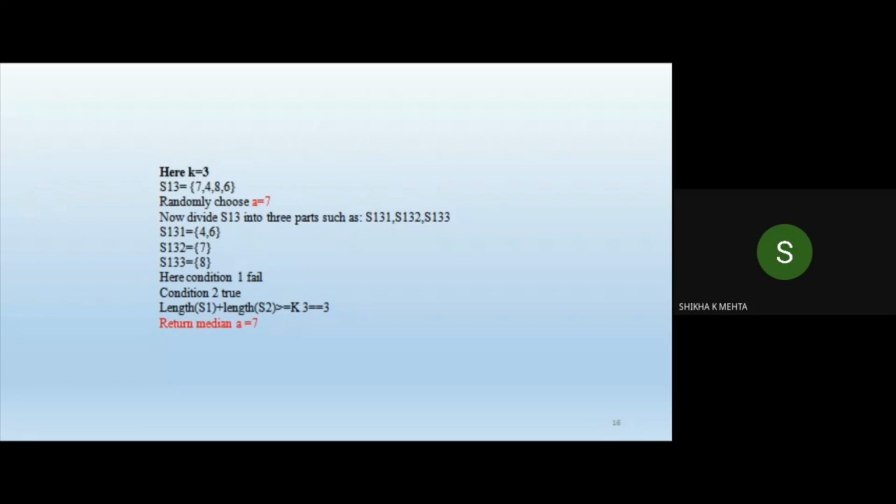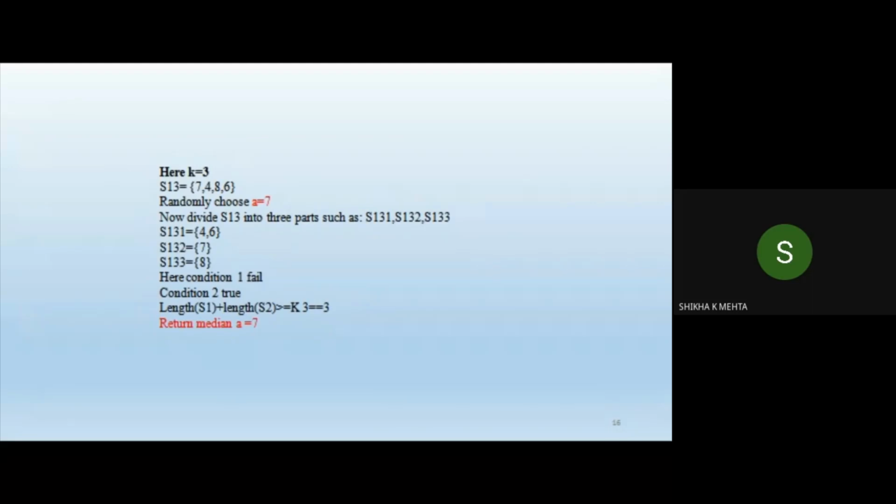The first subsequence has all numbers less than 7, which comes out to be 4, 6. S132 is the number itself, and S133 is the numbers greater than 7, which is only 8. Now condition 1 fails because k is equal to 3, and the size of S1 is 2, less than k.